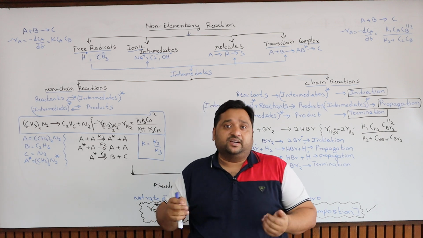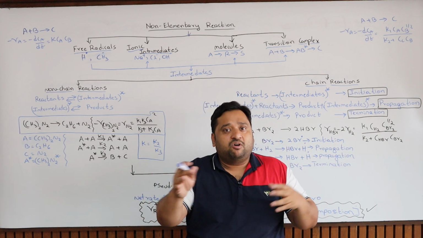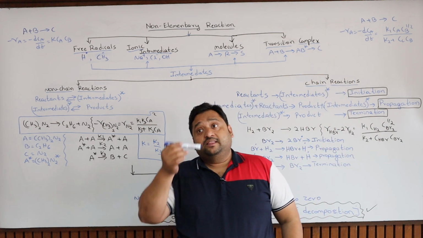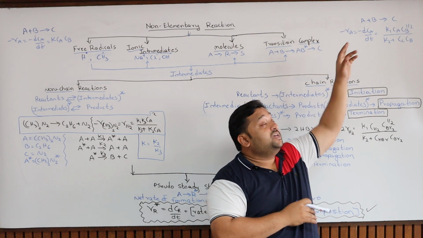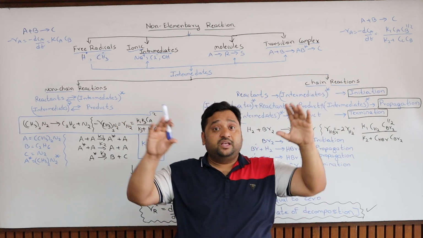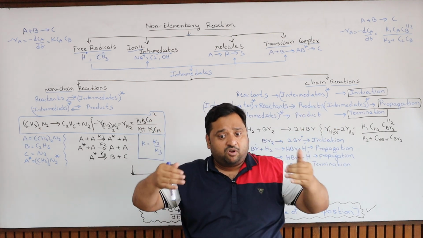nothing but intermediates. If the intermediate compounds are there, they react to form the final product, which is C. This is a non-elementary reaction. It does not happen in a single step; it is the summation of a number of elementary steps.